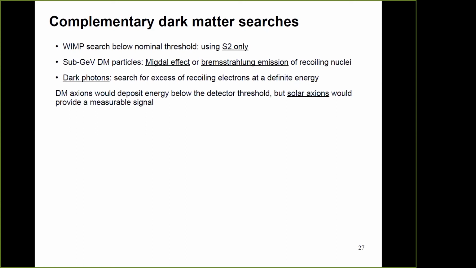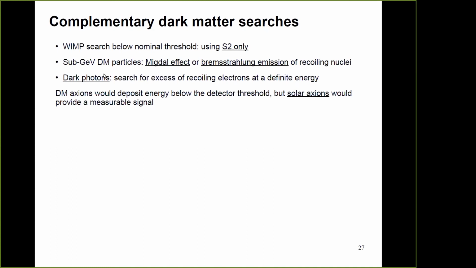So if we use the S2 signal only, we are losing electron recoil, nuclear recoil discrimination because we only have one signal, but we can lower the threshold because the threshold on S2 is lower. So this is one way of going to lower energies. Your limits will not be as good as if you use the discrimination, but you will be able to go to lower energies.